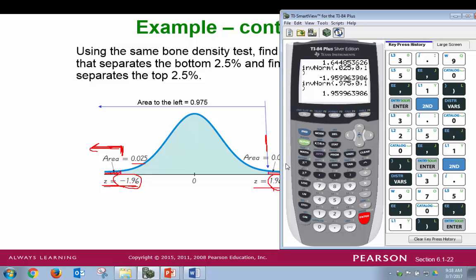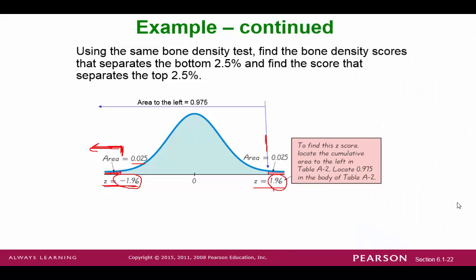Now, we know that this is symmetric about 0, so we could have figured out that the critical value on the right side would be a positive 1.96. In any case, we found it using the inverse norm function with the area to the left.